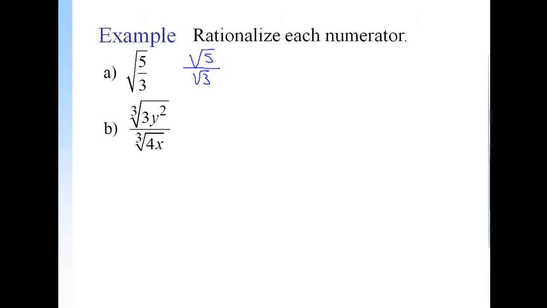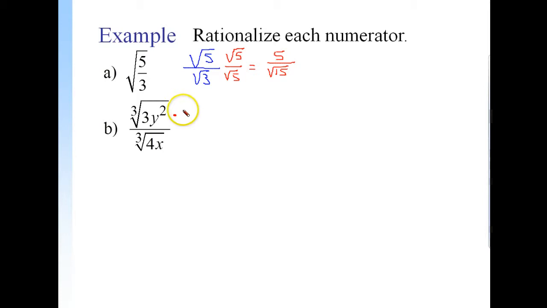Now the one that we're going to choose will be so that we rationalize the numerator now. So this becomes 5 over the square root of 15.